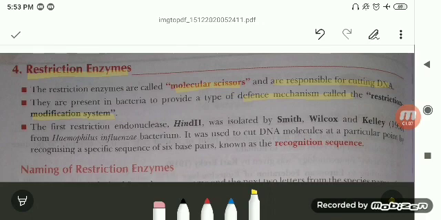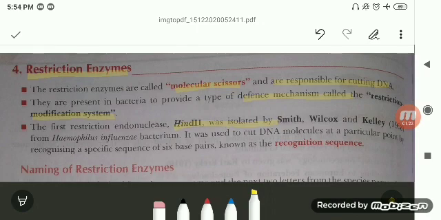The first restriction endonuclease, HindII, was isolated by Smith, Wilcox and Kelley from Haemophilus influenzae, the name of the bacteria.